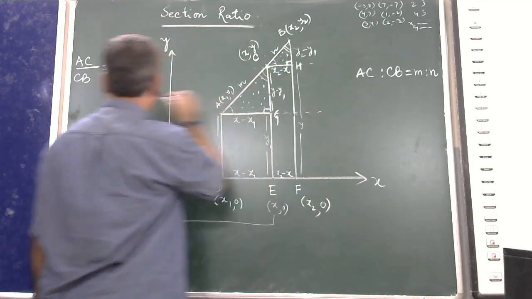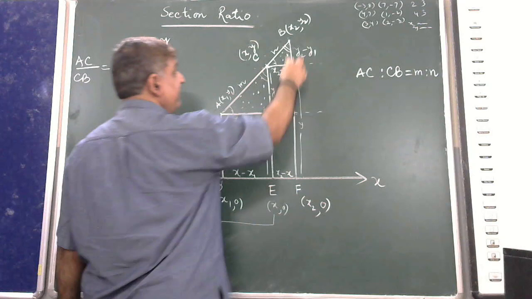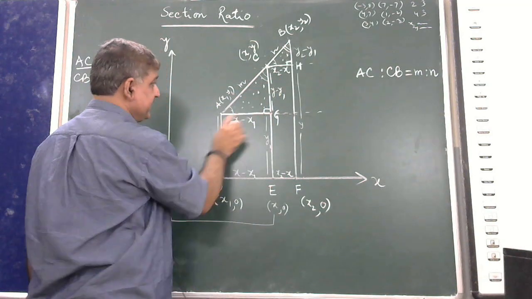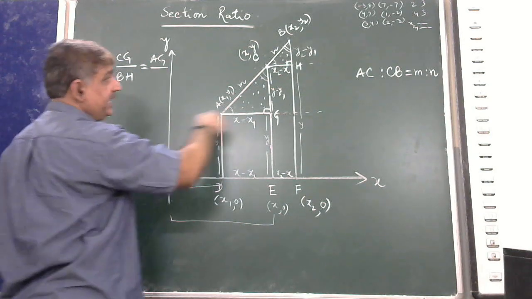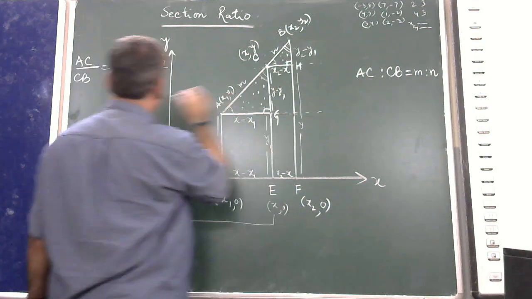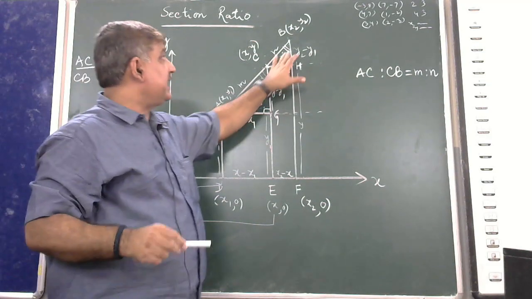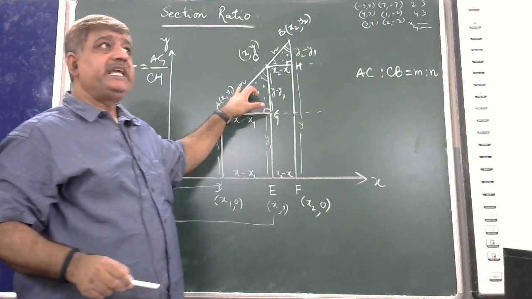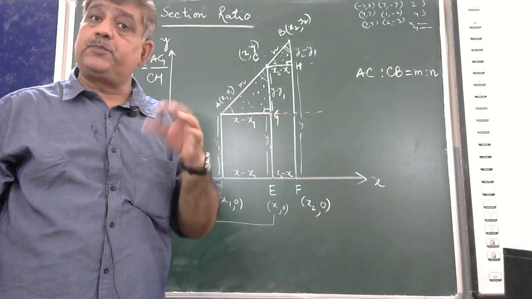What? BH. Again, this is equal to the side opposite to this angle, that is AG by this one, CH. You see that. Two triangles here are equiangular.